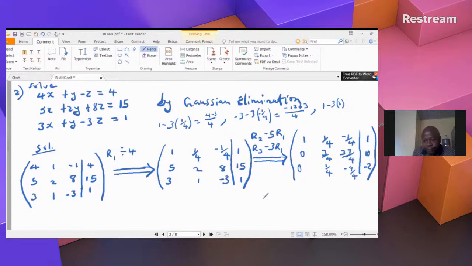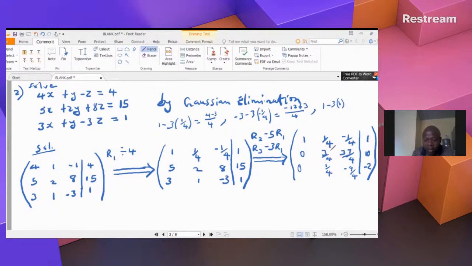We've achieved the first mission. The first mission was to make this 1 and use it to clear the other elements in column 1. So now we ignore row 1 and concentrate on the last 2 rows.